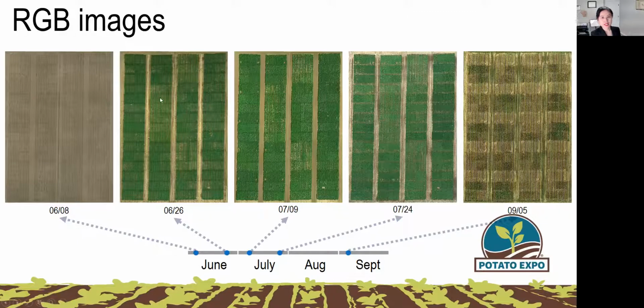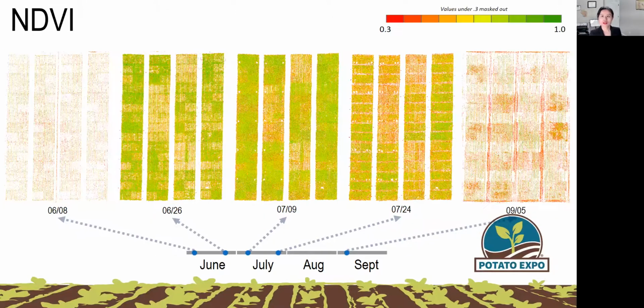And we can see that under the lower nitrogen rates, the plants have light green color, and then under the higher nitrogen rates, the plants show darker green color. And we can easily eyeball those differences from the RGB images.